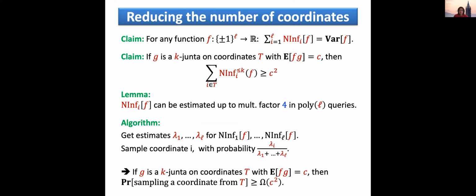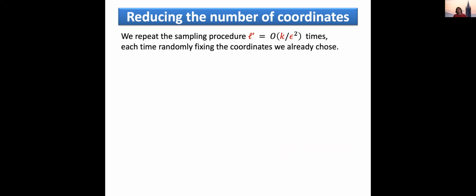And by what we saw in the previous slide, and by the fact that the sum of the normalized influences is at most 1, if G is the k-junta that is closest to F, and it has some constant correlation, then the probability that we sample a coordinate from T is at least c squared, which we'll think about as some constant, which is super nice, because we can just repeat the sampling procedure O of k times.